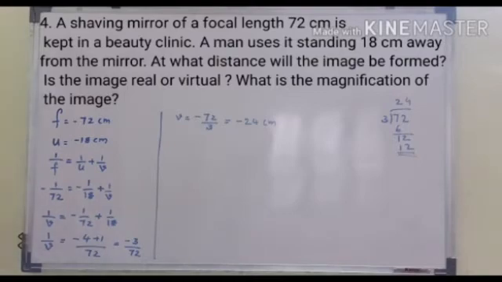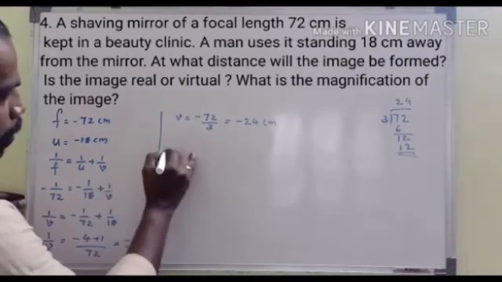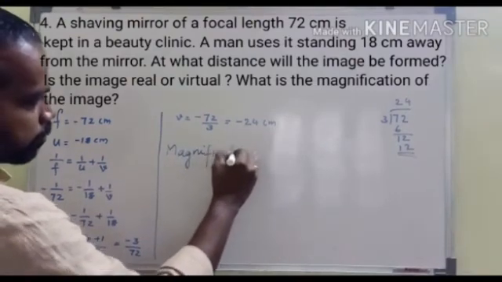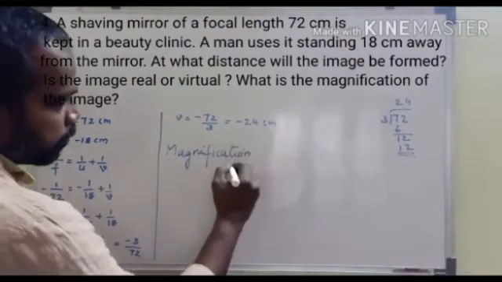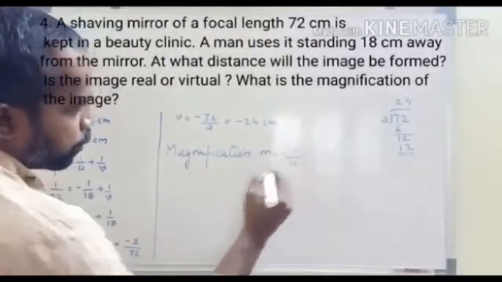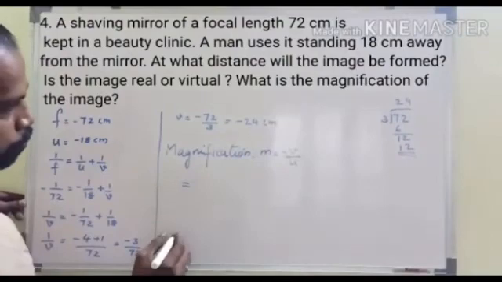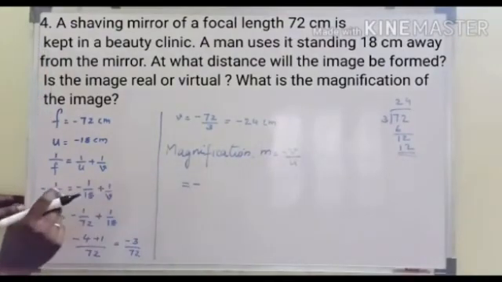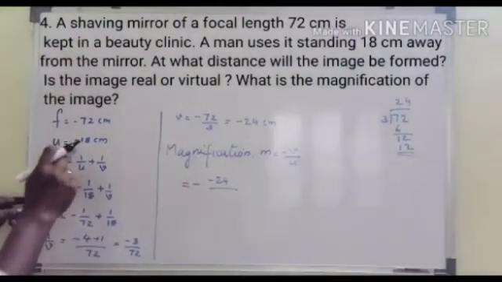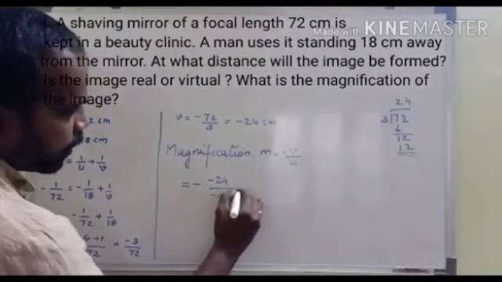Let's find out the magnification. We know that magnification m is equal to minus of v by u, which is minus of minus 24 by minus 18.